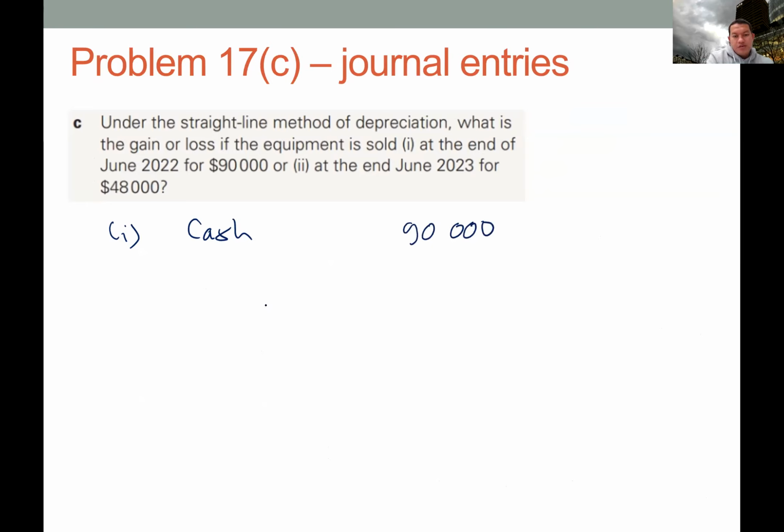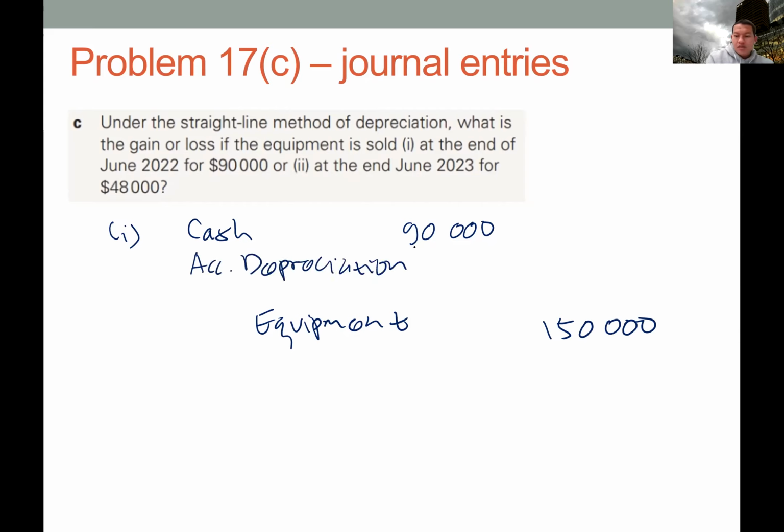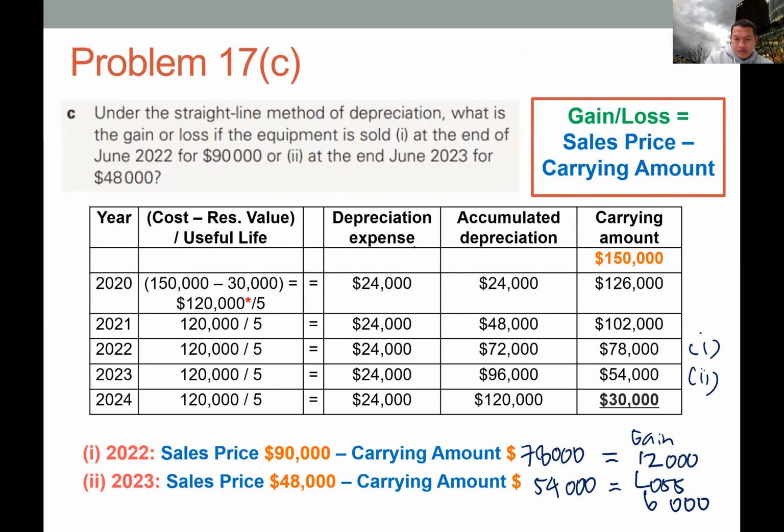Then they want to dispose of the asset, so they put the equipment in the credit side for 150,000, at the total cost. They have to remove the accumulated depreciation as well, so they put it in the debit. The depreciation is 72,000. So this one.